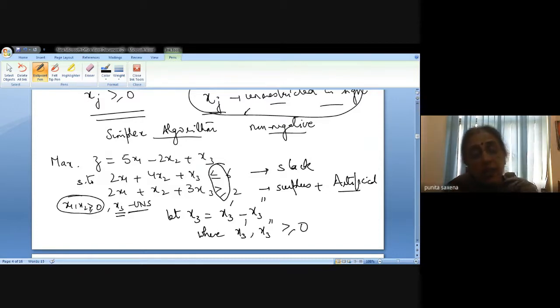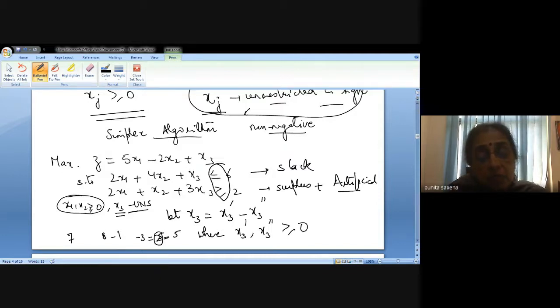Can we do that? Any number can be written as a difference of two non-negative numbers. Can we or not? Say supposing 7, I can write it as what? 8 minus 1. Right? Or if I have, say, minus 3, I can write it as 2 minus 5.